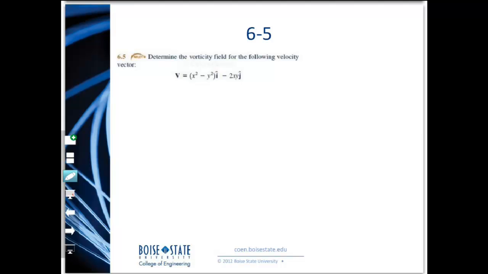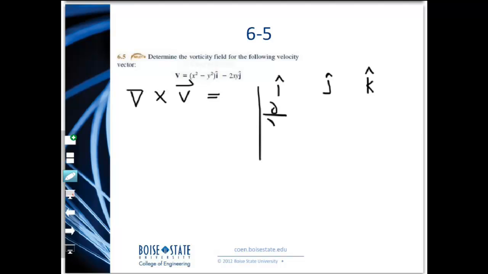So the vorticity field is del cross V, which is equal to, if you want to compute this cross product, you have to go back and remember how you did a cross product. Let me show that to you here.